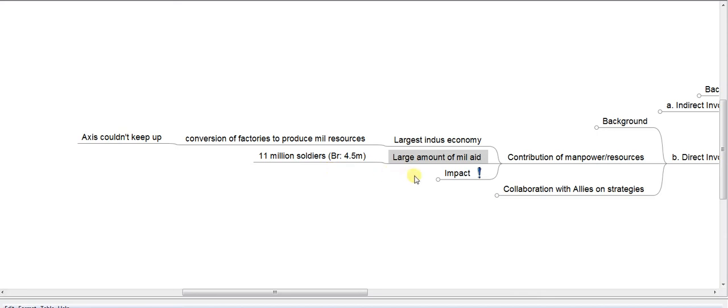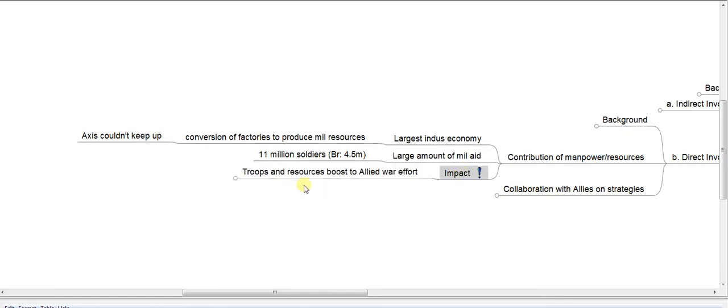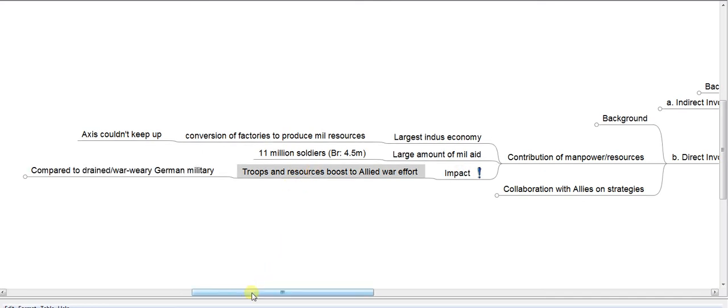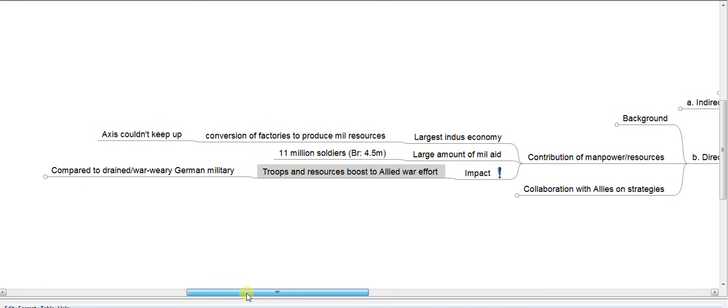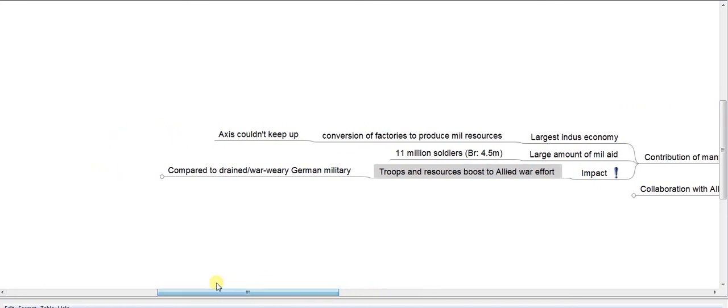Okay, and what kind of impact did the contribution of manpower and resources have? Essentially, the troops and resources boosted the Allied war effort, and this is especially significant when you compare it to the drained and war-weary German military.